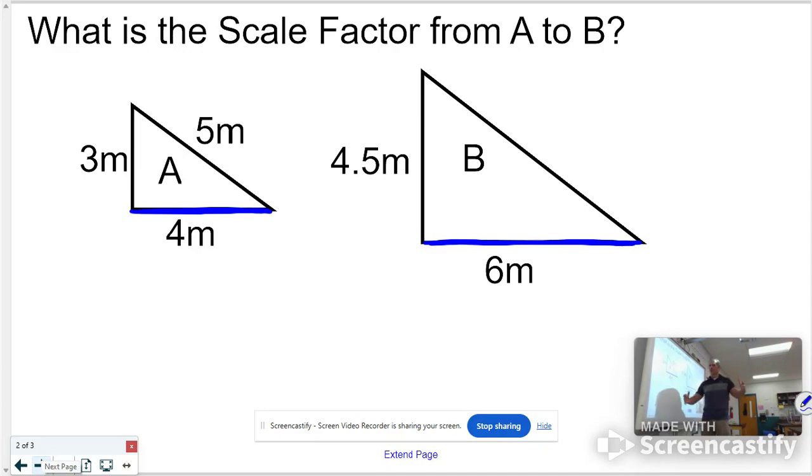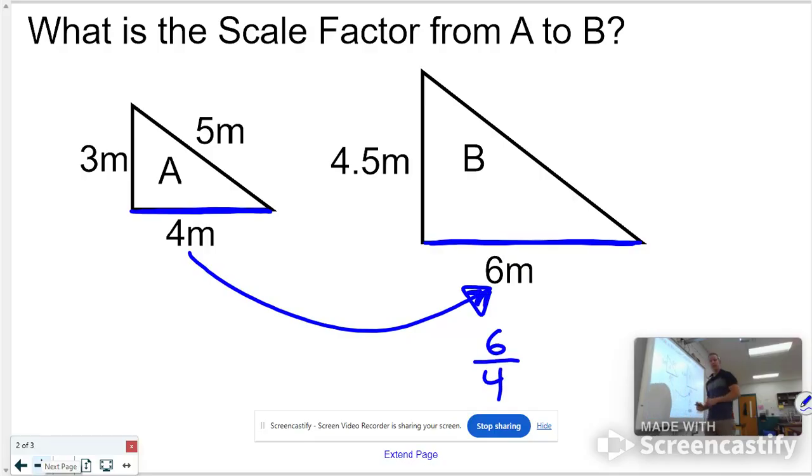Now, we're looking for what we're multiplying 4 by to get 6. So, a lot of them you can do in your head, but this one you might not know what you have to multiply 4 by to get 6. So what you can always do is draw your arrow in from the original to the new one, and we're going from A to B. You'll take where the arrow ends, which is going to be at 6, and divide it by where it began, 4, and you're going to get as a decimal 1.5.